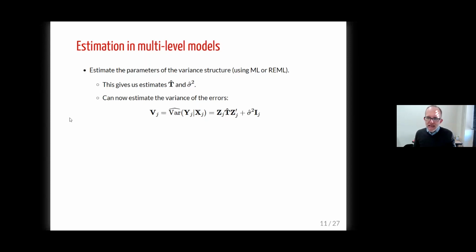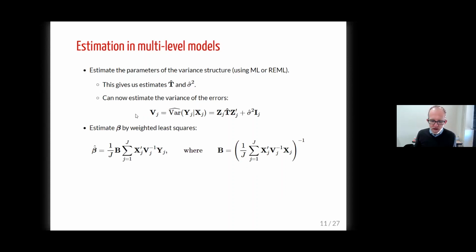Then in the second stage of estimating the multi-level model, we use this V_j, the estimated variance covariance matrix, to estimate beta, the fixed effect coefficient vector. Rather than estimating beta by ordinary least squares, as we would with just an lm model, multi-level models use weighted least squares, where the weights are the inverses of the V_j matrices.